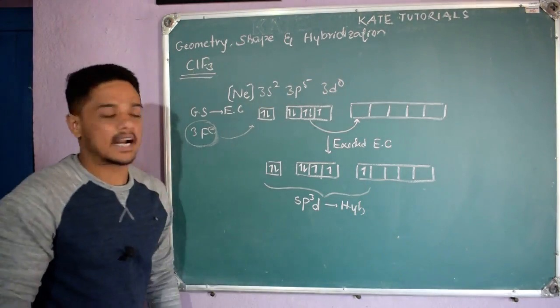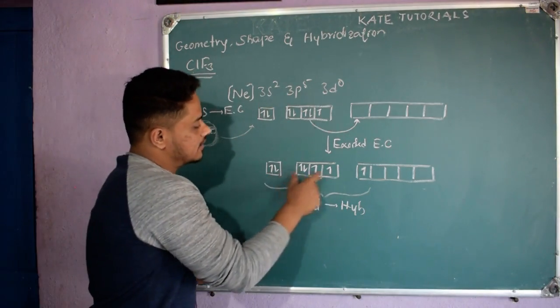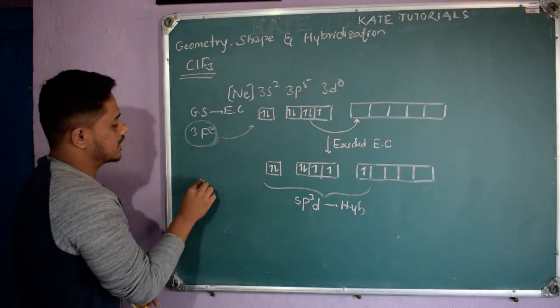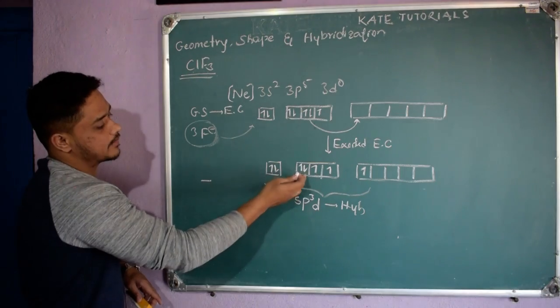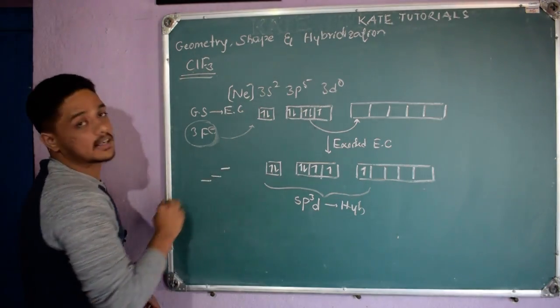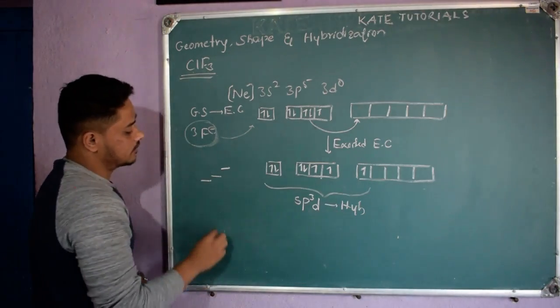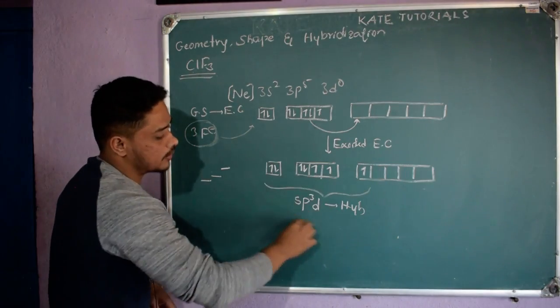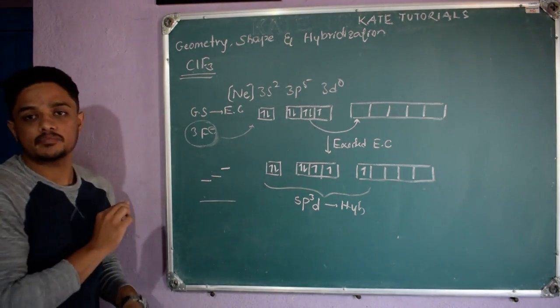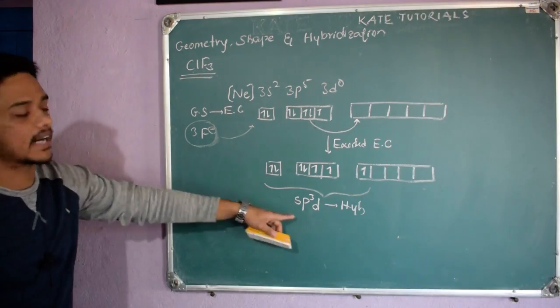Why they combine is that they have different energies: 3s may be here, 3p energy may be a little above, and 3d energy a little above. If they hybridize, they come into a geometry with stability, right.